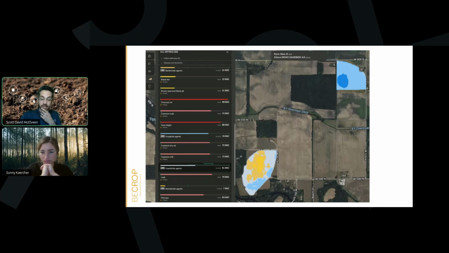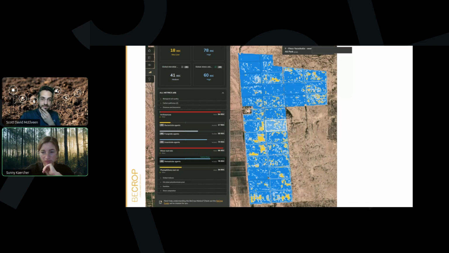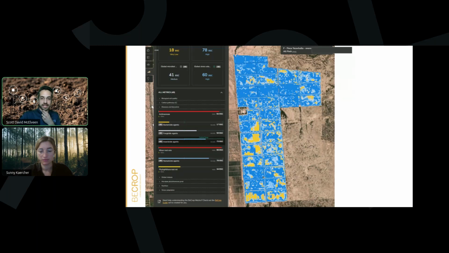Sunny, speaking of insects, do we detect insects or nematodes? No, we do not. Bacterial and fungal species with a few archaea on the side. Right. So while we look at bacteria and fungi that can suppress or kill insects and nematodes, here's an olive operation down in Argentina. We're showing high numbers of nematicidal agents, nematode suppressing microorganisms, high numbers of insect suppressing microorganisms.